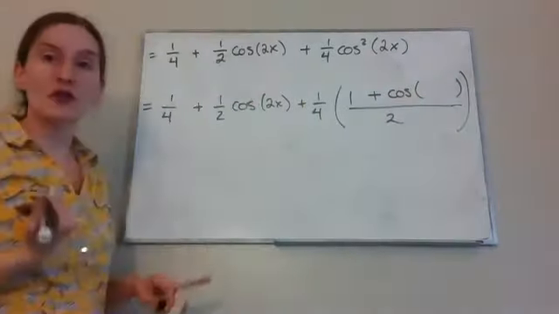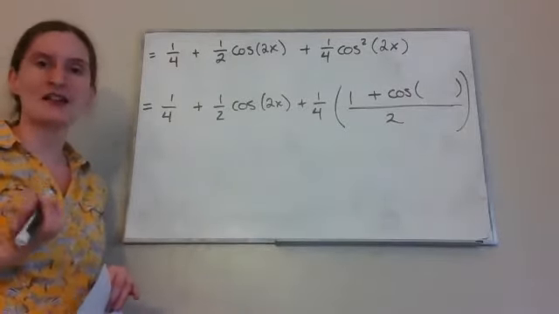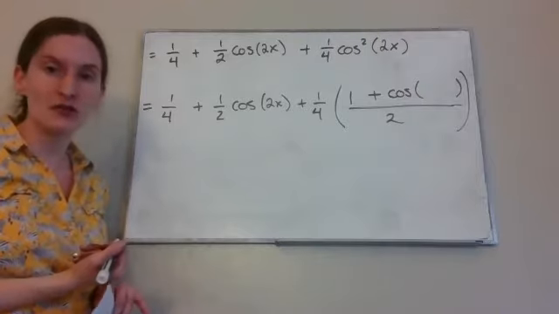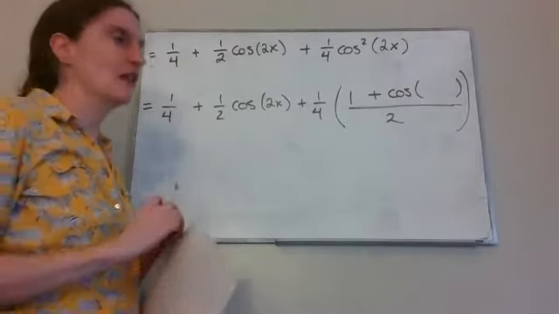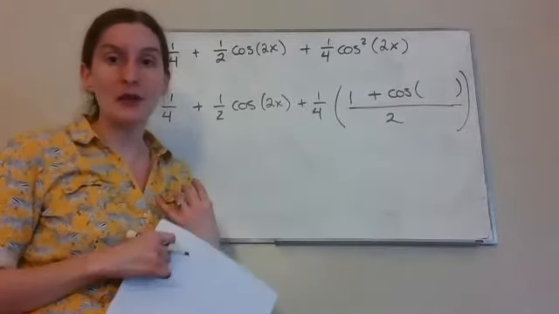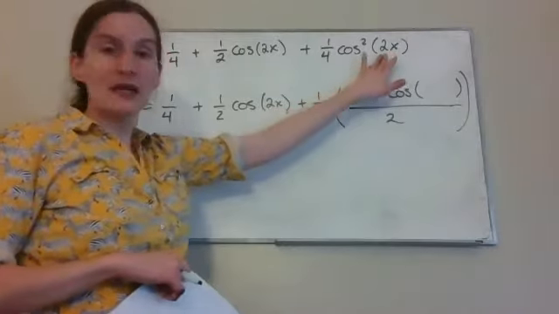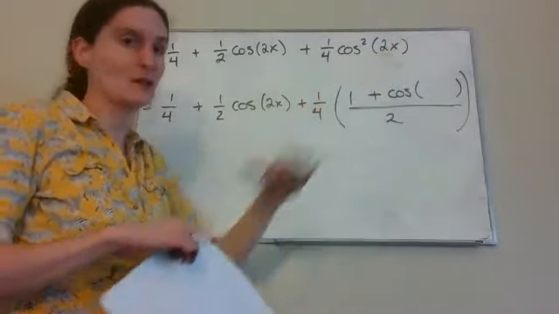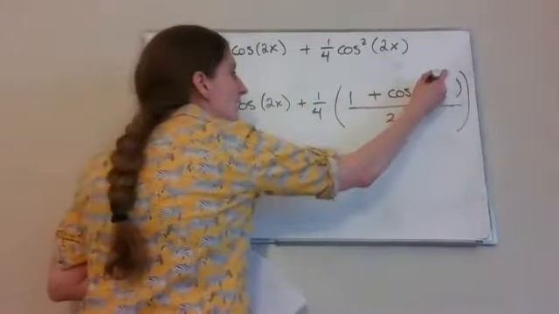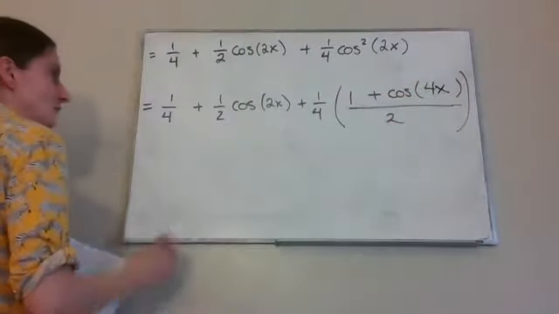Now, in the original formula, it says that cosine squared of x is equal to 1 plus cosine of 2x over 2. The important thing is the input of the cosine squared gets multiplied by 2 in the formula. The input in my cosine squared is 2x. When I multiply that by 2, I get an input of 4x using my formula.